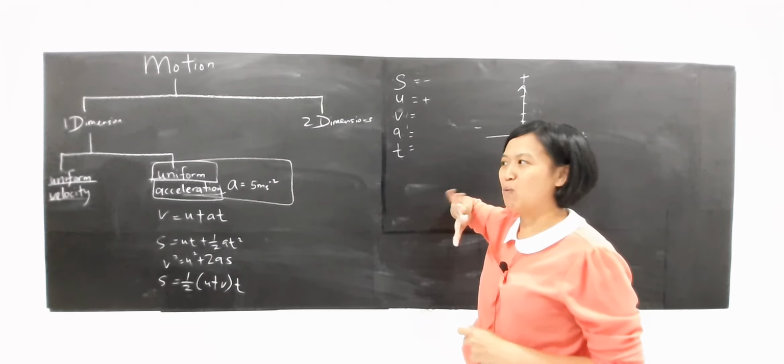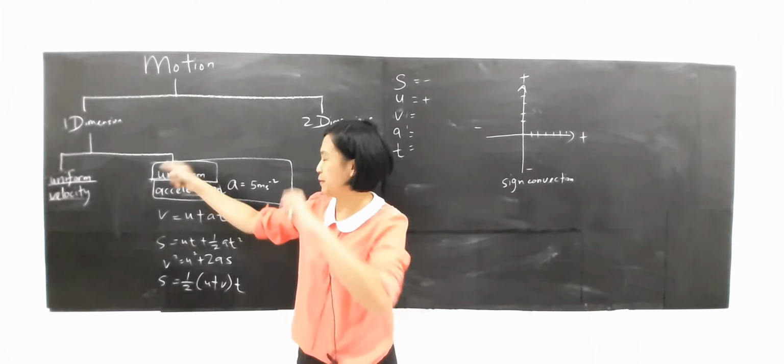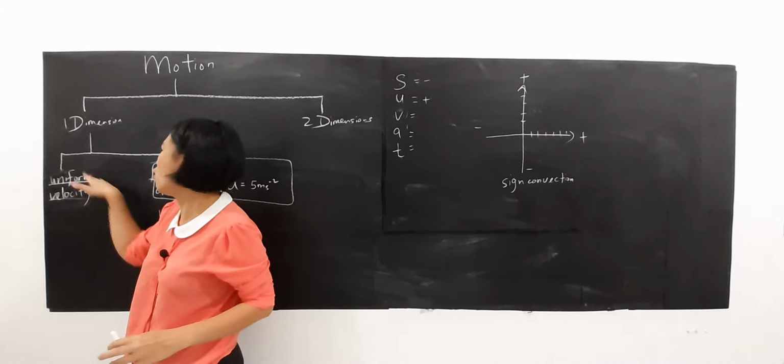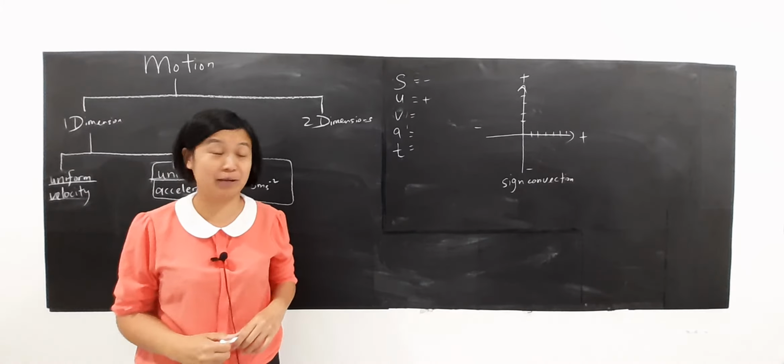Alright. So for this part, Madam stops here first, and Madam wants to tell you more about this. What is meant by uniform velocity?